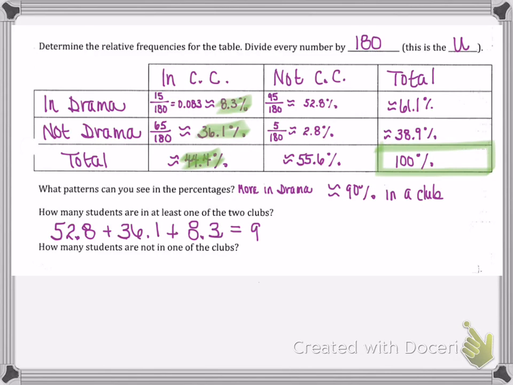And that's 97.2%. Or you could also look at the total number of kiddos from the table above. That would be 175 kids. All but 5 are involved in a club. How many students are not in one of the clubs? That's 5. And that's about 2.8%.